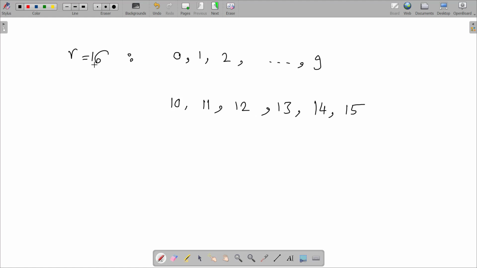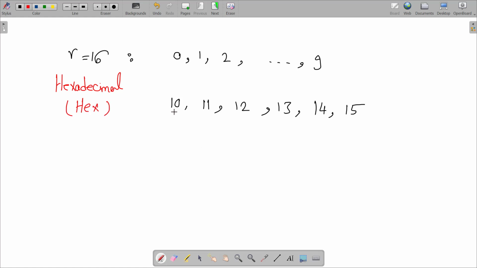Because R is 16, we need R minus 1, 16 minus 1, digits to represent a number in base 16, which is called the hexadecimal system or hex.